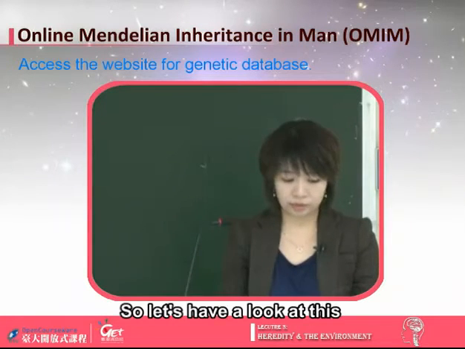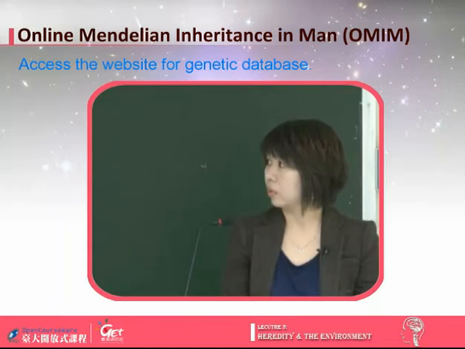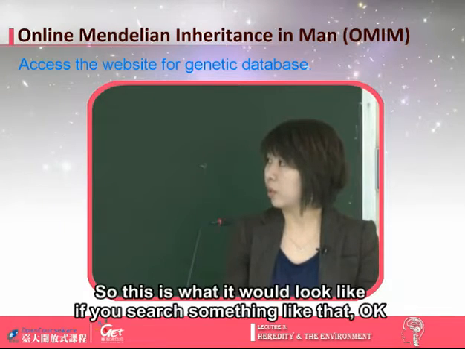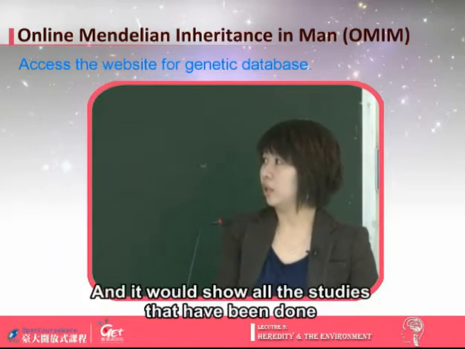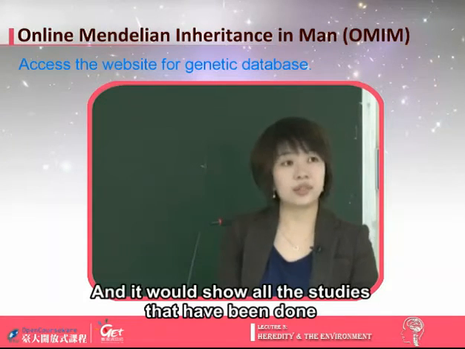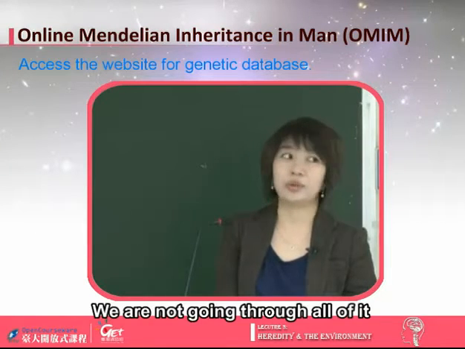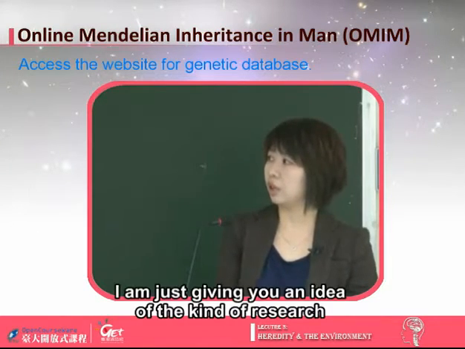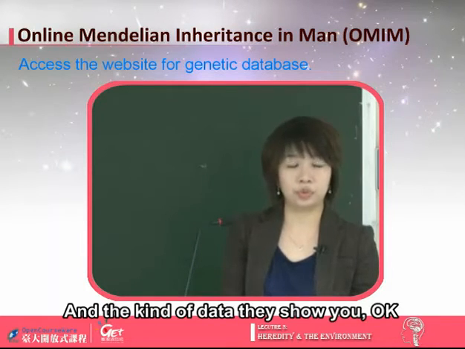Okay? So let's have a look at this. So this is what it would look like if you search something like that. Okay? And it would show all the studies that have been done. So 1991 was the first one. We're not going through all of it. I'm just giving you an idea of the kind of research and the kind of data they show you.